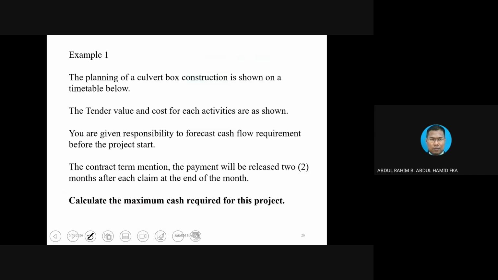Okay. All right. Now we go into the first example of the day. Example number one, a simple one. This was the previous final exam as well, but this is very simple. In order to do cash flow calculation, we need two things: value and cost.